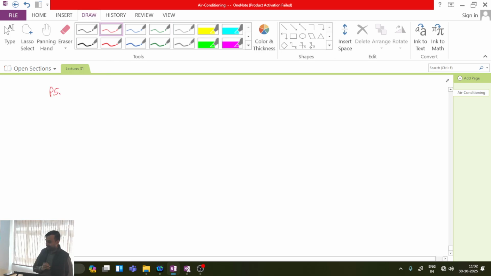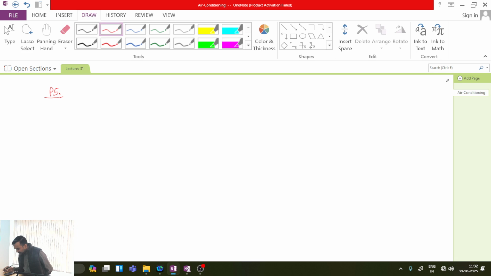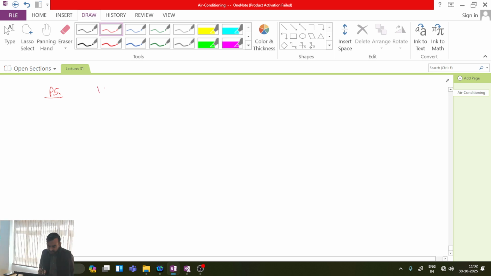Problem number 5. Moist air enters an insulated duct at the rate of 10 kg/s at 10 degrees Celsius and 40% RH, ambient pressure.